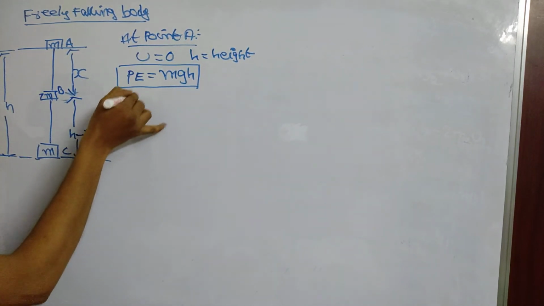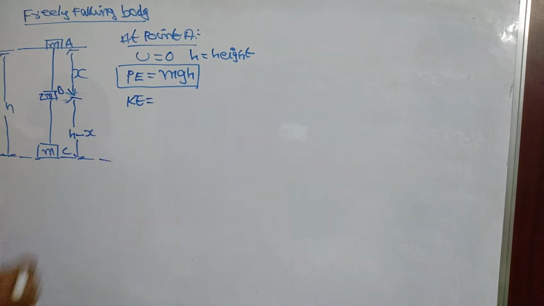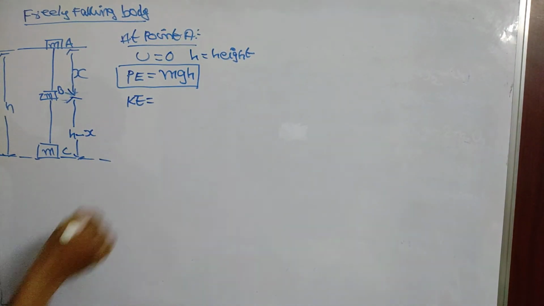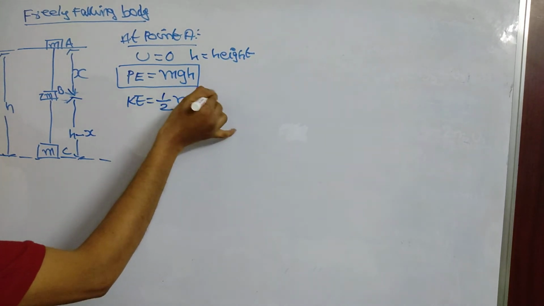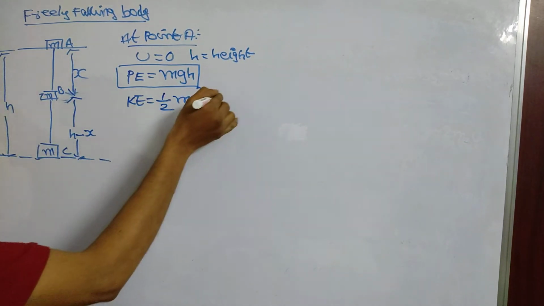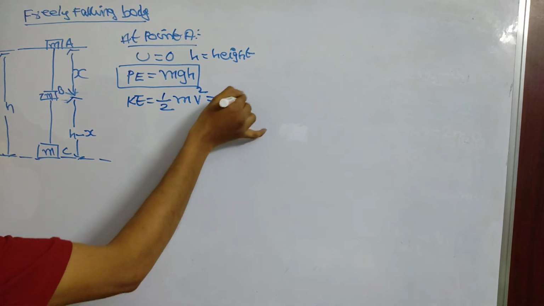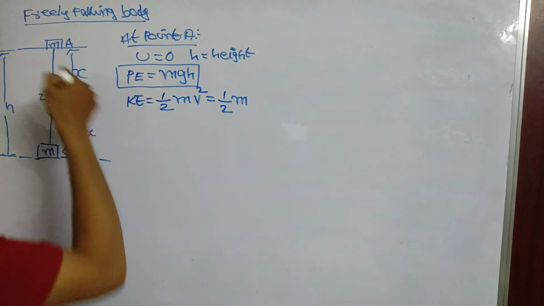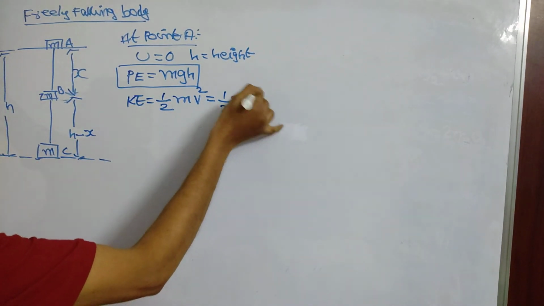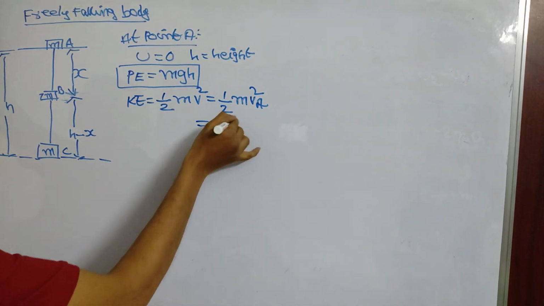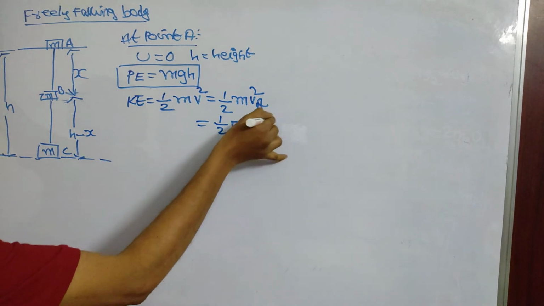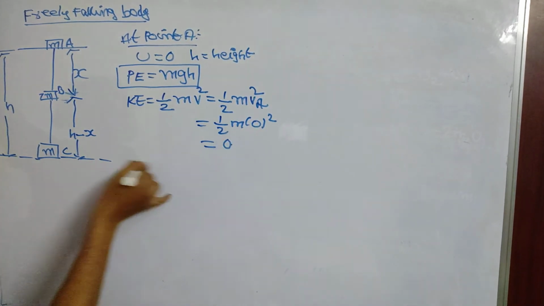Now the second value to calculate is the kinetic energy at this point. What is the kinetic energy formula? Half m v square. At point A, that is half m v A square. The value of the initial velocity is already 0, so half m into 0 whole square, the kinetic energy is 0.